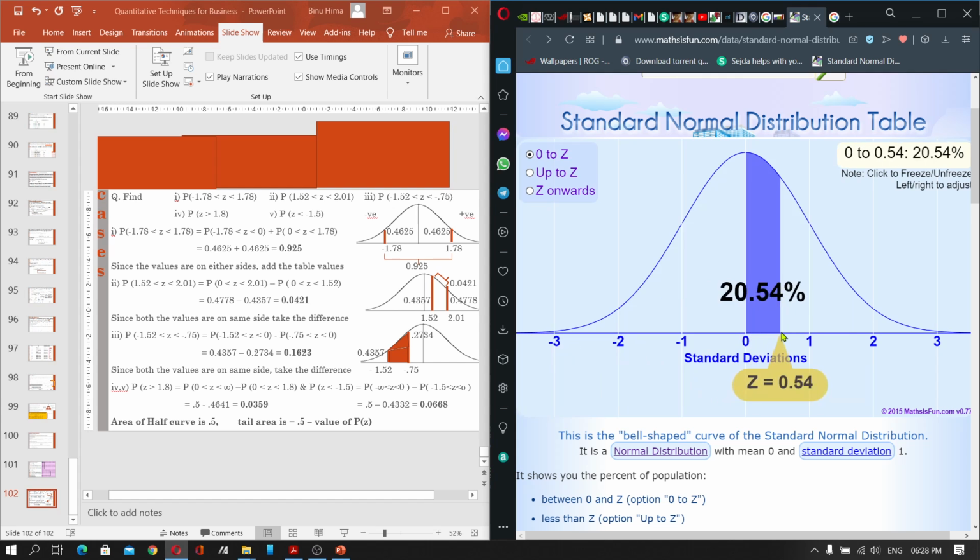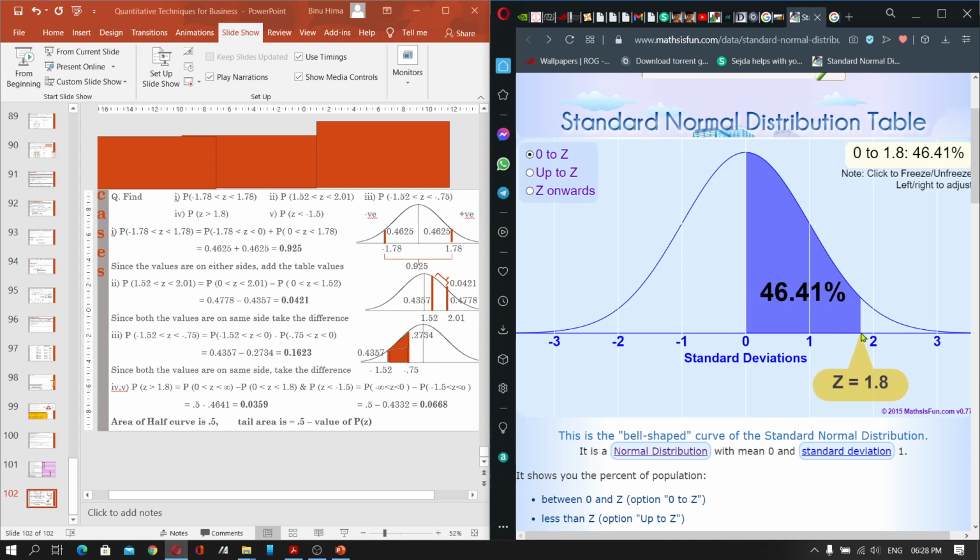1.8 means from here onwards 1.8. See, almost this much area is covered under 1.8. That represents 0.4641. You need to learn the difference for this area, because here you are given only one value.